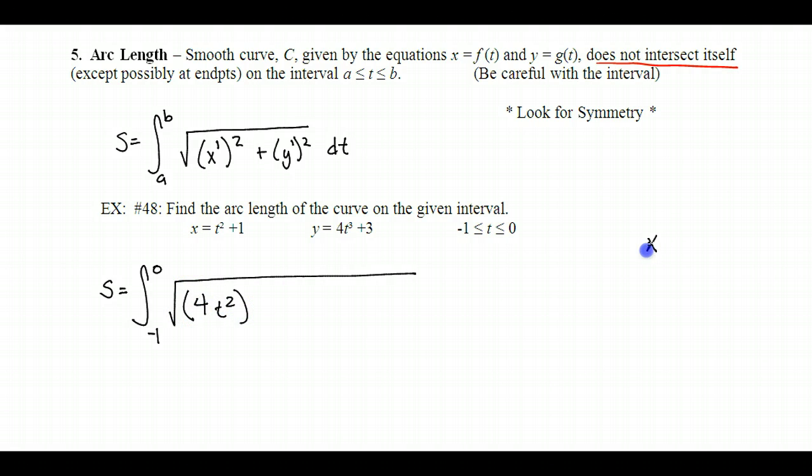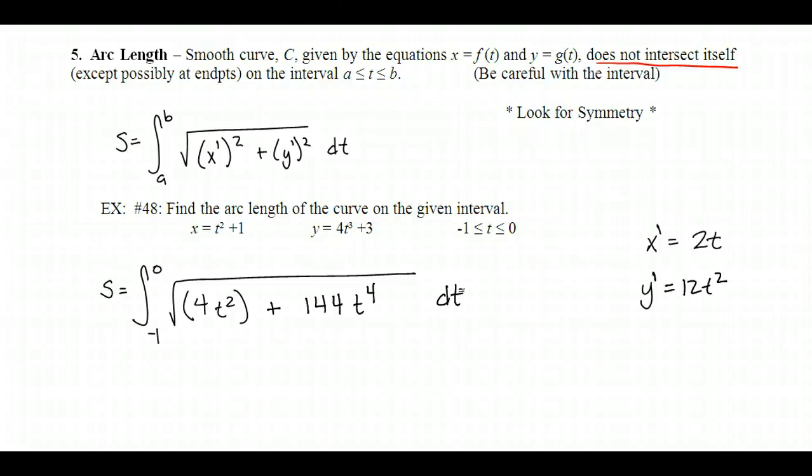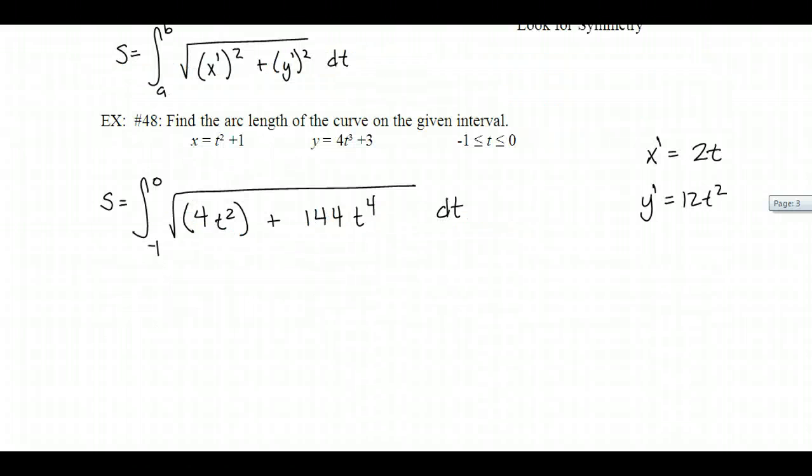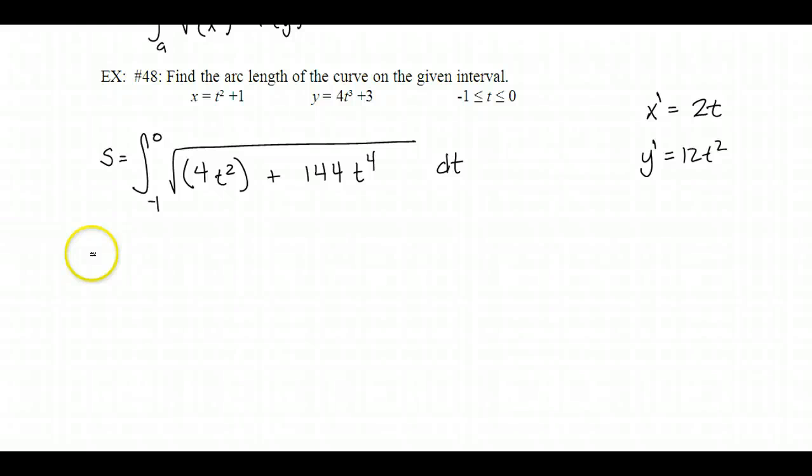Oftentimes over on the side I just say, okay, x prime is 2t, then I can square it very easily. And y prime is equal to 12t squared. So if I square that, I have 144 t to the fourth. That's differential t. Looking at this, it looks like a bear to integrate, nothing simple, which we would like.